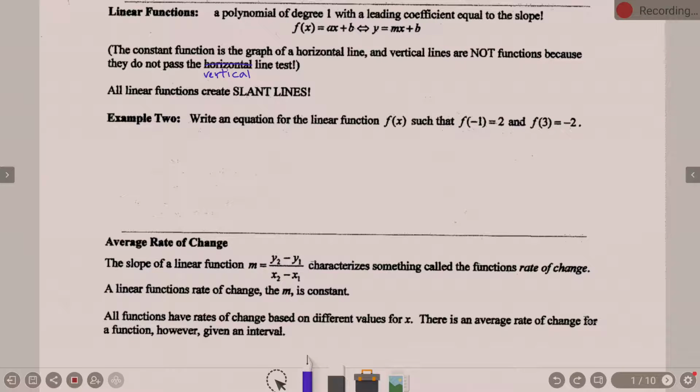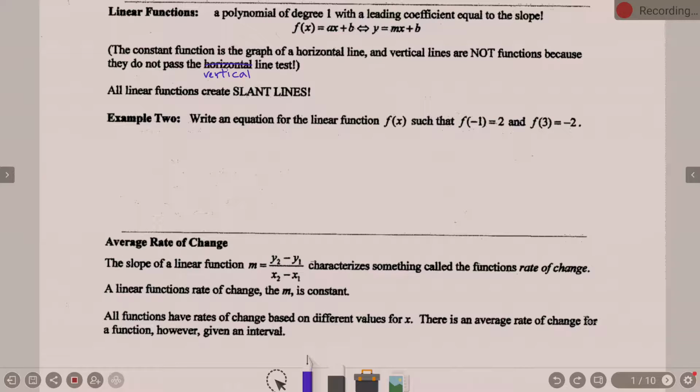Wouldn't it just be 2 points, and then one would be -1, 2, and the other one would be 3, -2? Yeah. The difference is, you're used to, if you have to write the equation of a line, being given 2 ordered pairs, right? They didn't give me 2 ordered pairs in that exact form, but they said f of negative 1 equals 2.